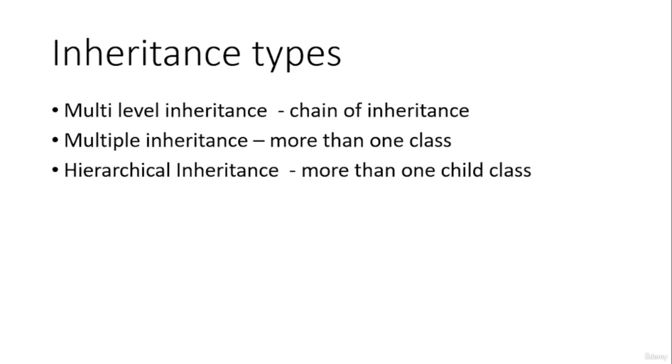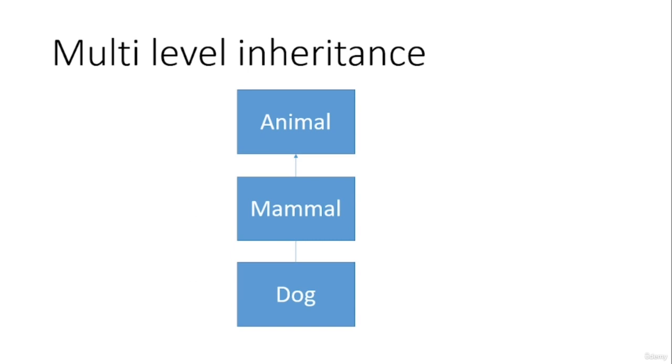Now let us see this using some diagrams, so we can understand it more clearly. Here is an example of multi-level inheritance, in which a mammal inherits from animal, and a dog inherits from mammal.